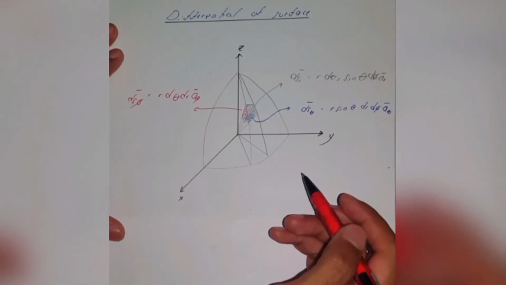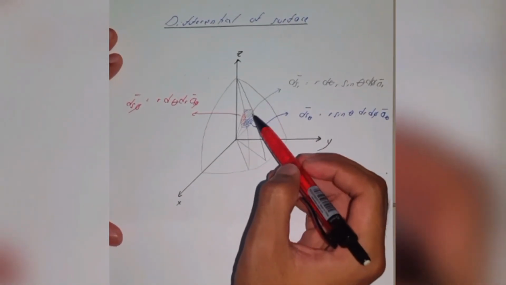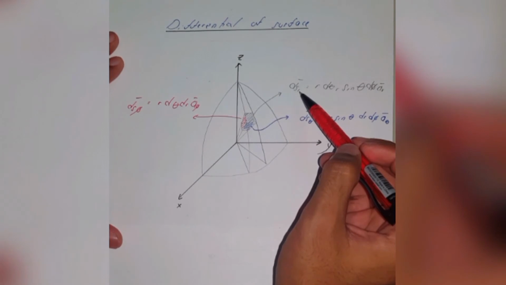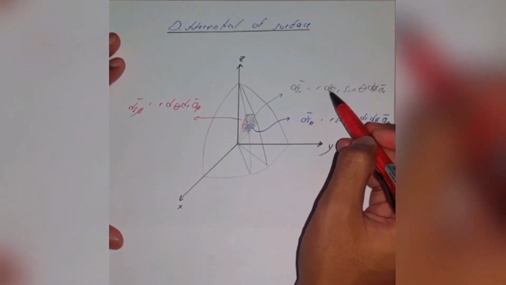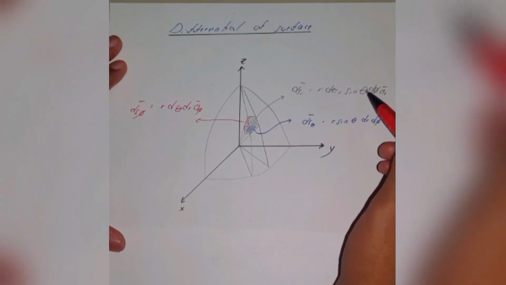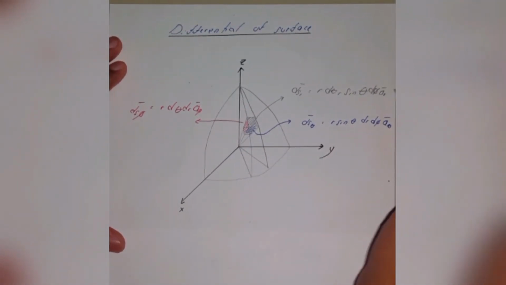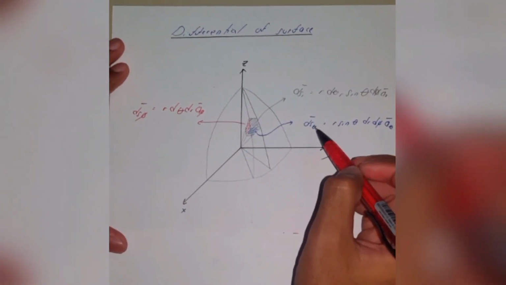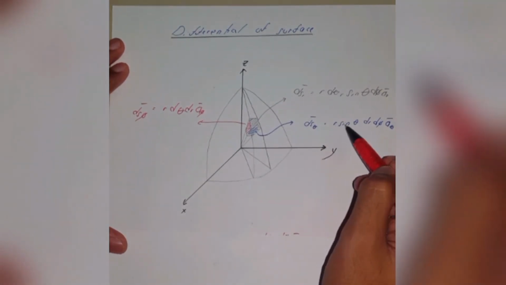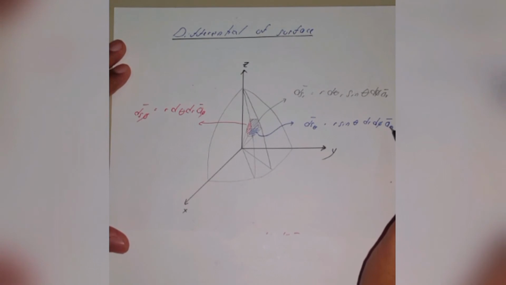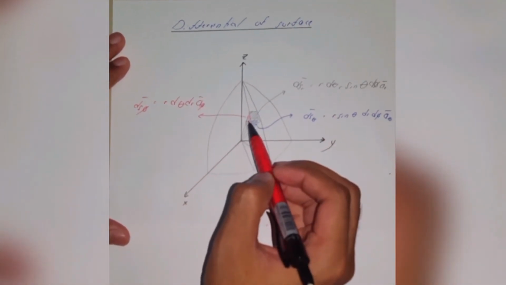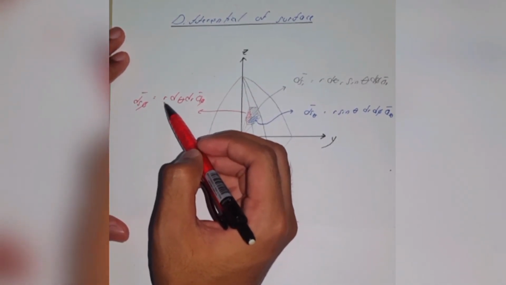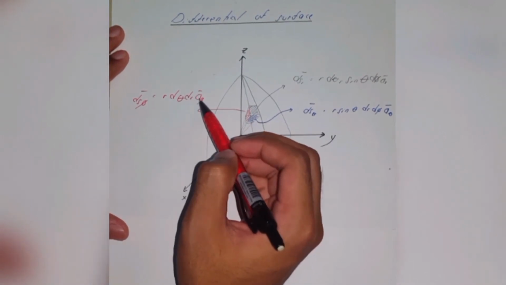Okay, for differentials of surface, as you can see, this shaded region for vector ds from direction of r is equal to r d theta r sin theta d phi direction of r. And this blue shaded region is for vector ds for theta equal to r sin theta dr d phi direction of theta. And the red shaded region is for vector ds phi equal to r dr d theta direction of phi.